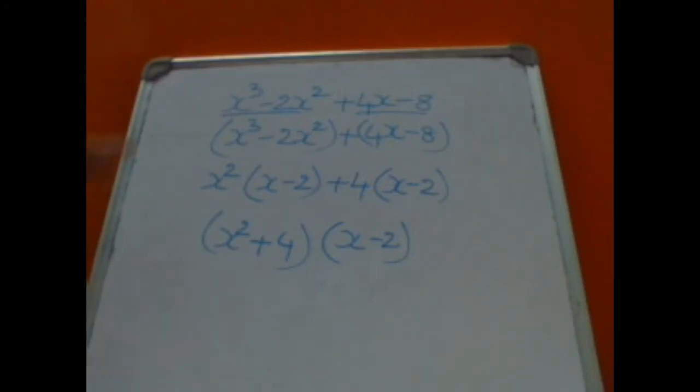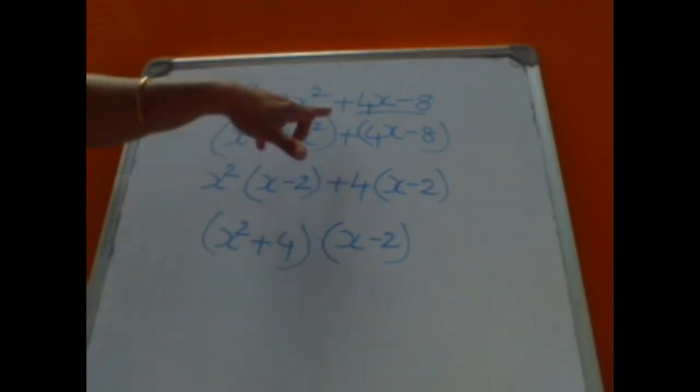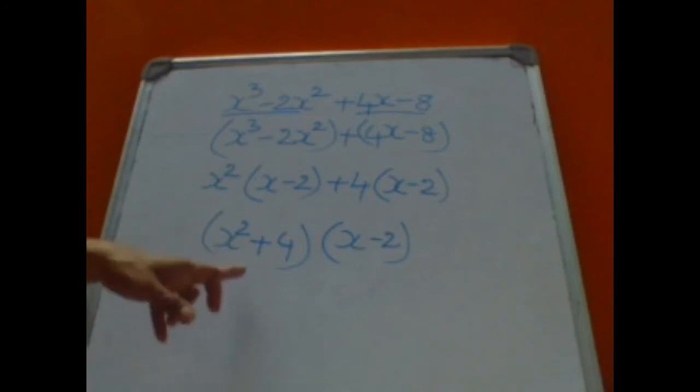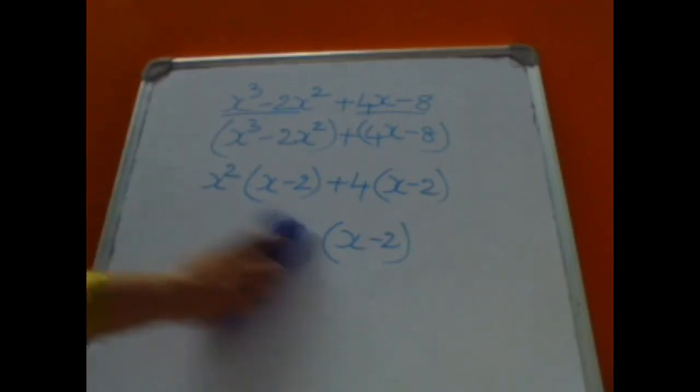So the factors of the expression x cube minus 2x square plus 4x minus 8 are x square plus 4 and x minus 2. So when it is not possible to take the common factor, we just group it and then take the common factor. Let's see one more example.